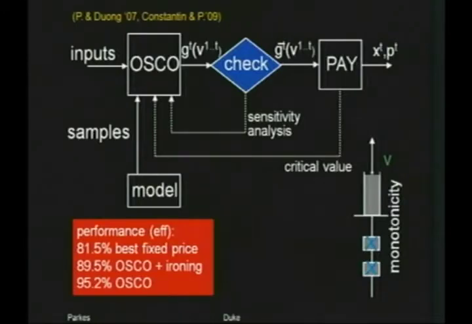And when we use the best optimized fixed price schedule, we get around 81%. So all I can say is that I took an algorithm, I modified it, I get around 90% efficiency. There is no optimal mechanism understood for this problem because the combinatorics of the problem mean that it's hard to analyze. So this is an example of a heuristic mechanism.